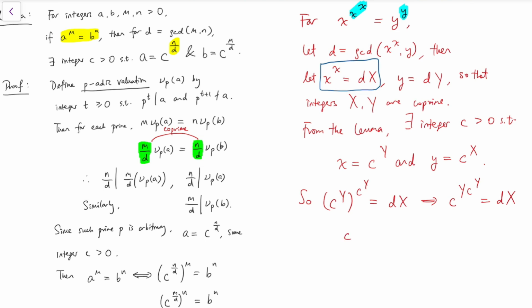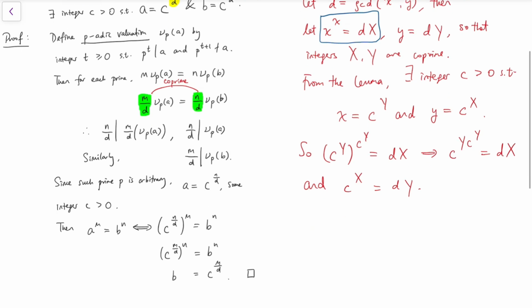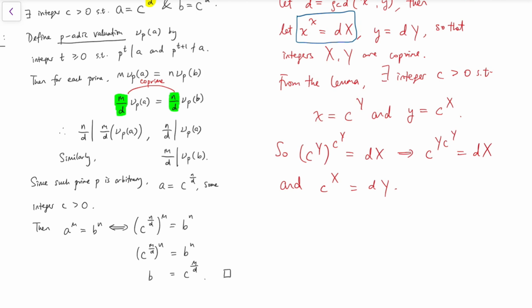And at the same time, we have c to the power big X equals d times big Y. Then we have two equations over here. This is the first equation, second equation.